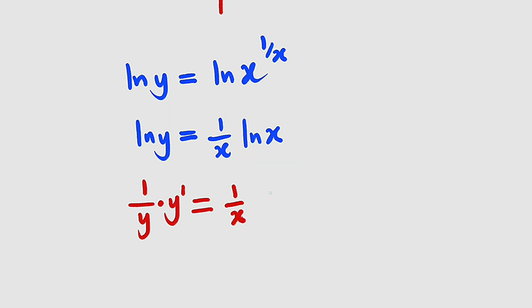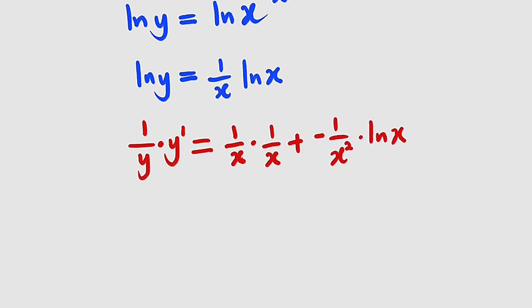If you differentiate natural log of x, you shall obtain 1 divided by x. This time around we're going to keep this constant and differentiate this. If you differentiate 1 divided by x, you shall obtain negative 1 divided by x squared multiplied by natural log of x. Now let us simplify it a little bit. This is equal to, if you multiply these two together, you shall obtain 1 divided by x squared.